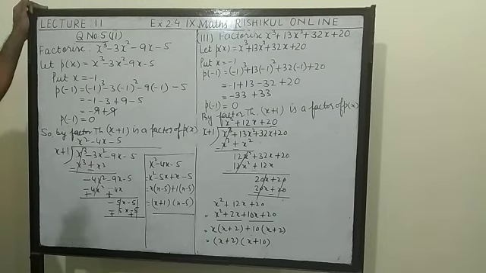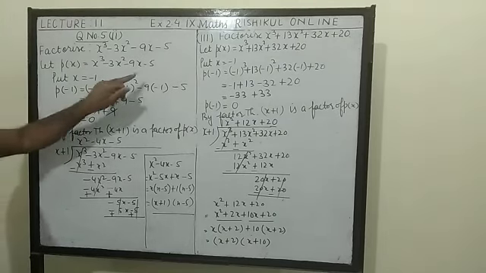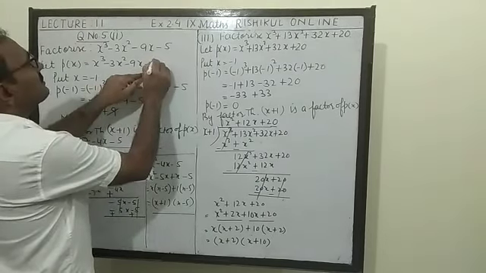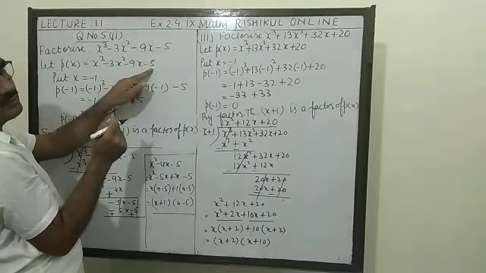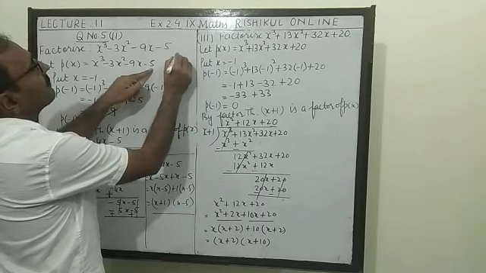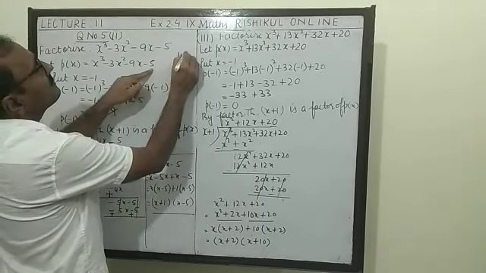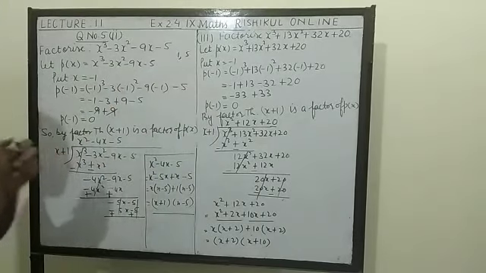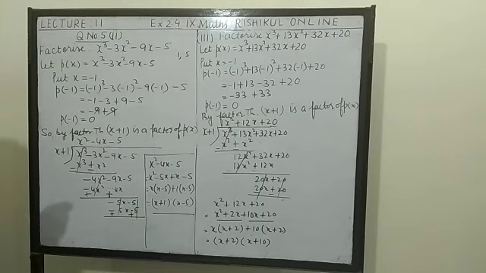Now you see first of all, the constant is 5. Factors of 5 are 1 and 5. Students, it is the hit and trial method.